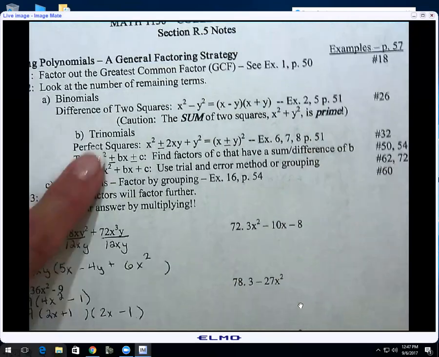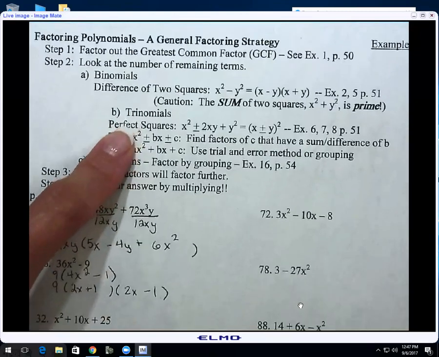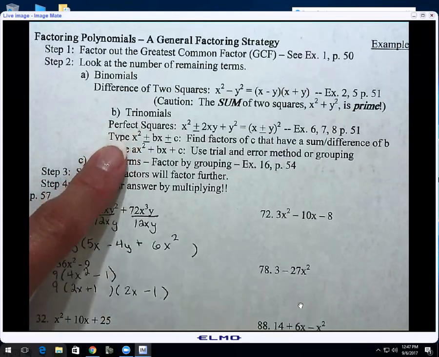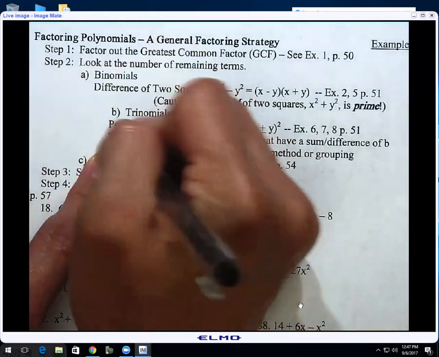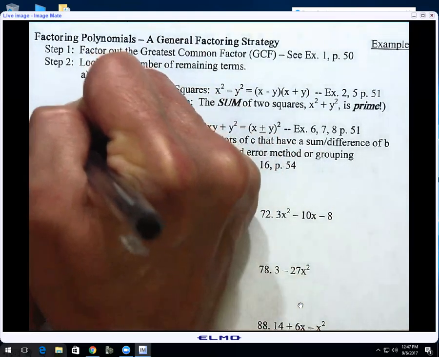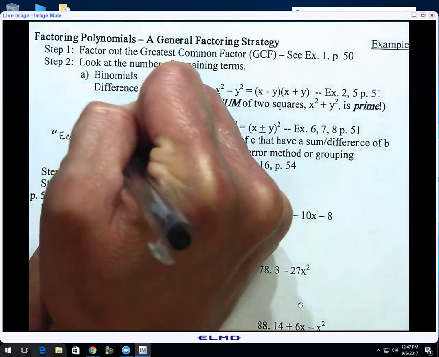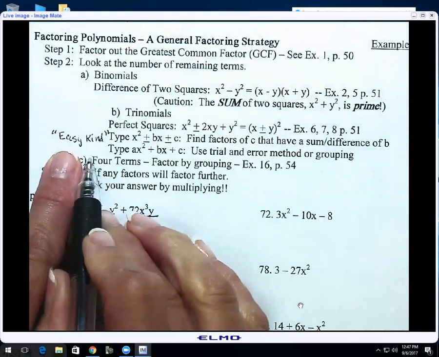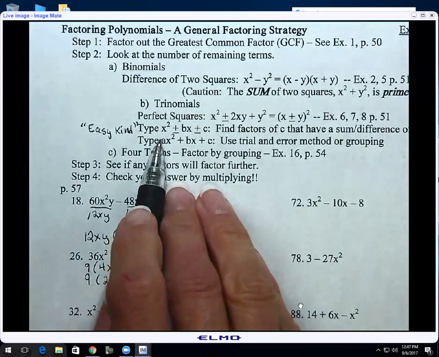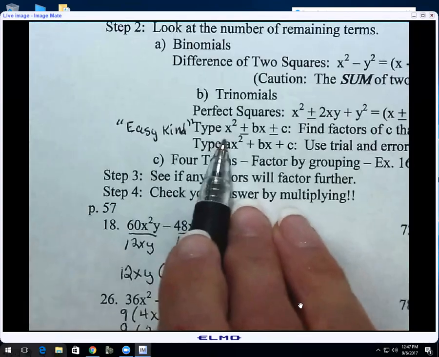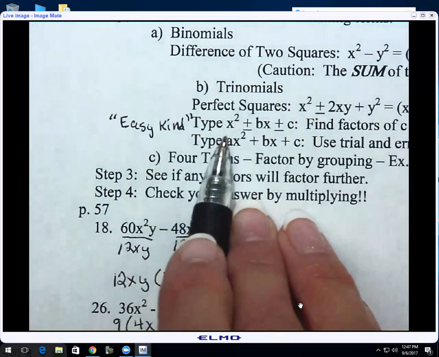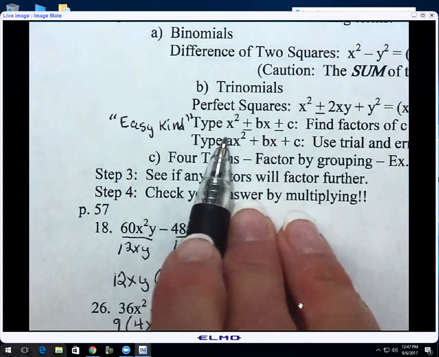There are 3 kinds of trinomials we're going to factor. A perfect square trinomial. This first one, or the middle one, that I call the easy kind. Again, you won't see that in the book, but I call that the easy kind when the leading coefficient is 1. And you'll see why I call it the easy kind in a minute.